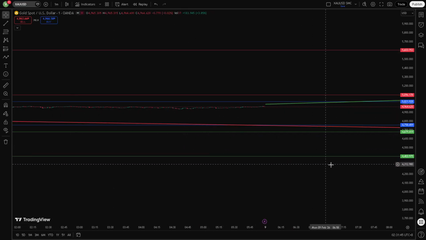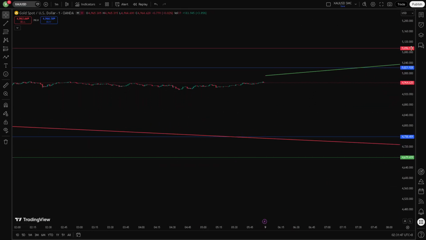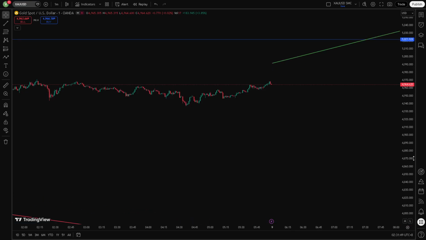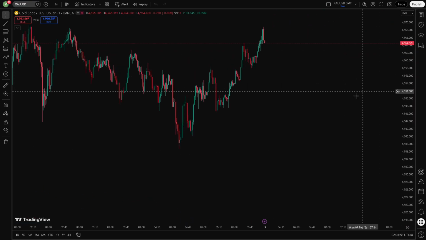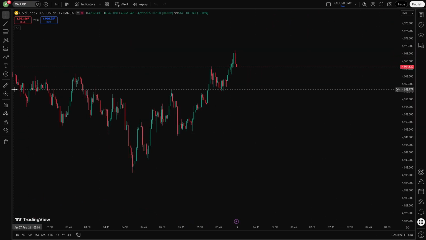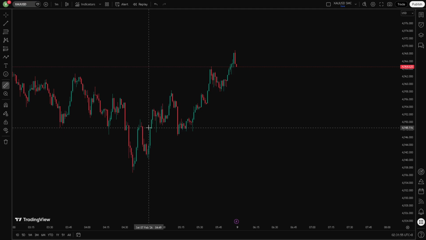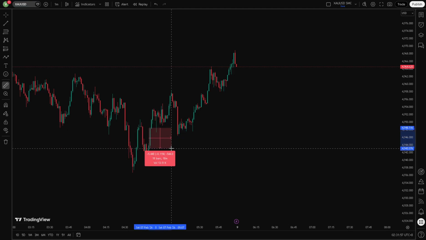let's just have a look at the one minute time frame. Right, so for one big candle, it can go to 500 pips, it can go to 50 pips.